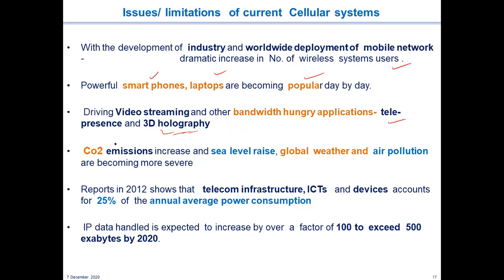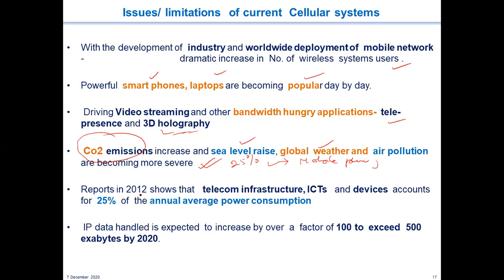Because of this, carbon dioxide emissions are increasing, sea levels are rising, and global weather and air pollution are becoming more and more severe. The reason is that almost 25% of the power consumption is mainly due to mobile phones, including smartphones, laptops, and IoT devices.